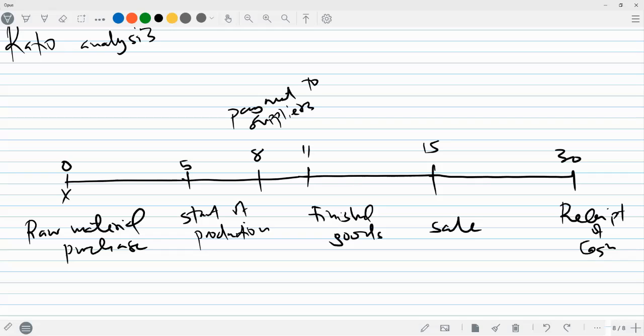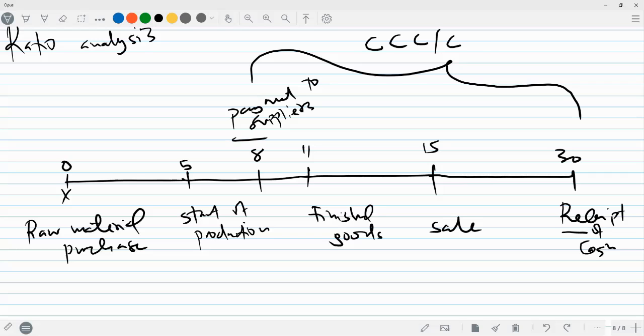Now you are saying that the cash conversion cycle is the time that elapses between payment to suppliers and the cash receipt. This is what we're calling the cash conversion cycle. You paid, and this is when you're receiving. This is therefore called the cash conversion cycle, or the cash operating cycle, or the working capital cycle, or simply the operating cycle.